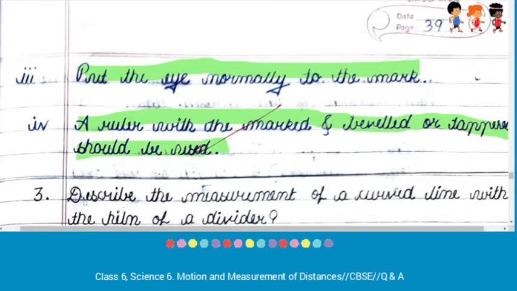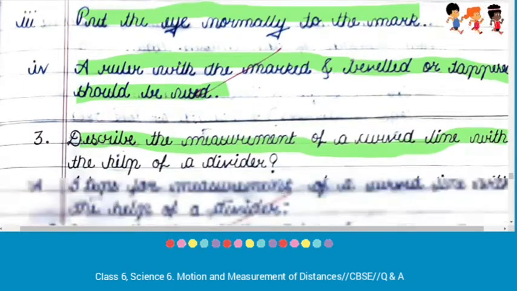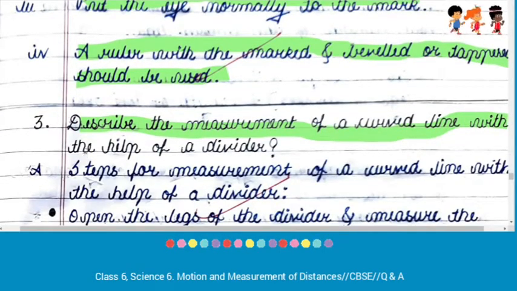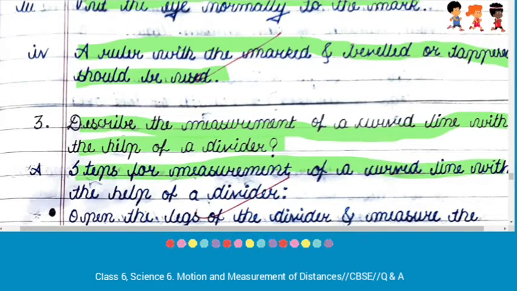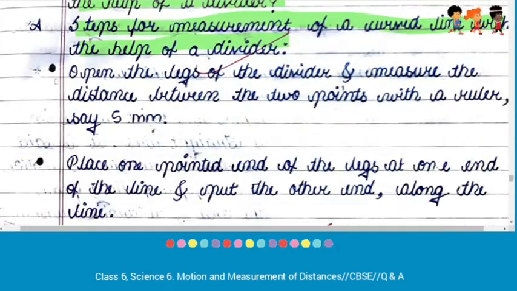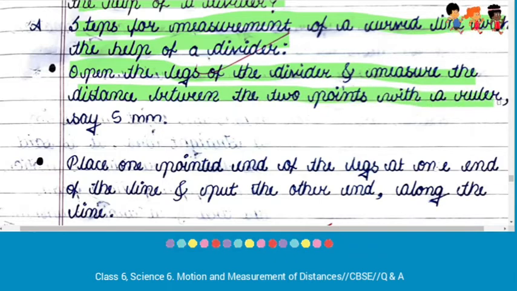Third one, describe the measurement of a curved line with the help of a divider. Answer, steps for measurement of a curved line with the help of a divider. First, open the legs of the divider and measure the distance between 2 points with a ruler, say 5 mm.